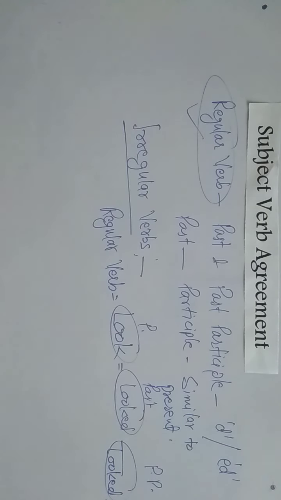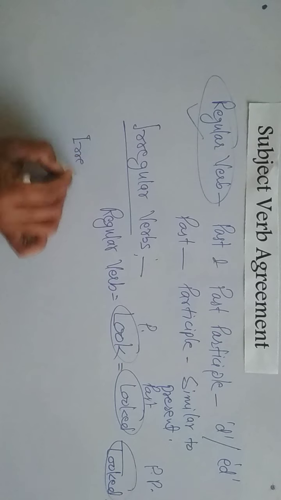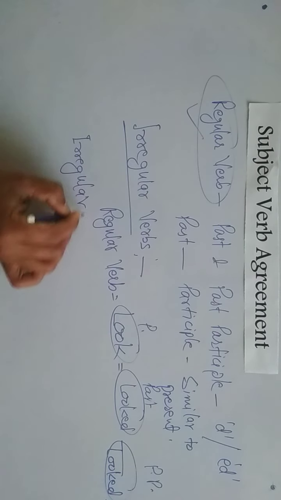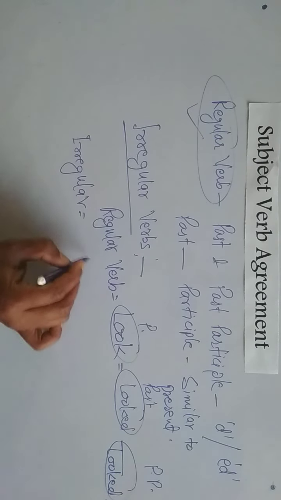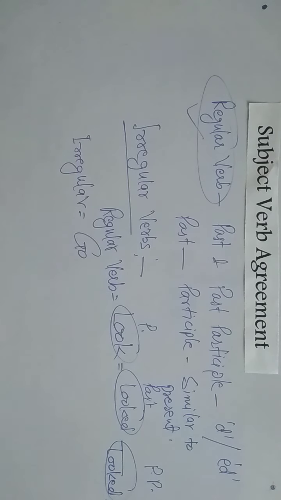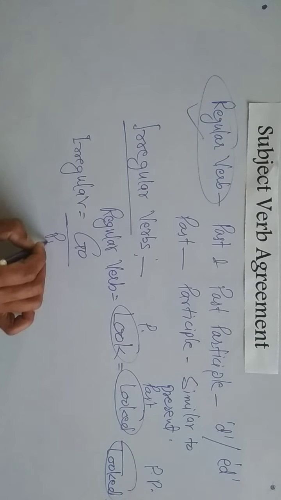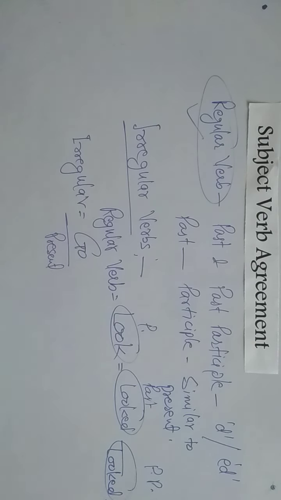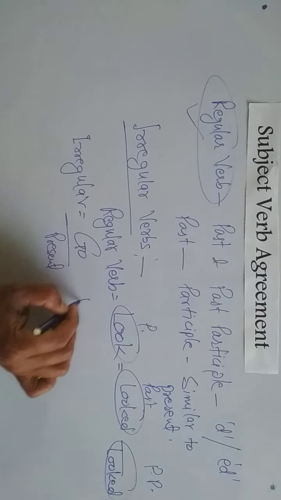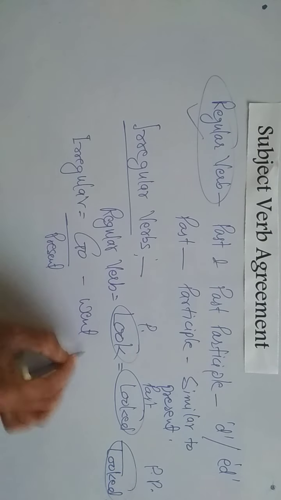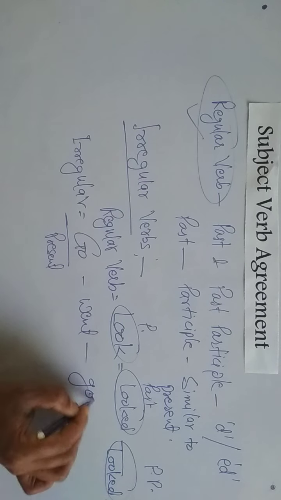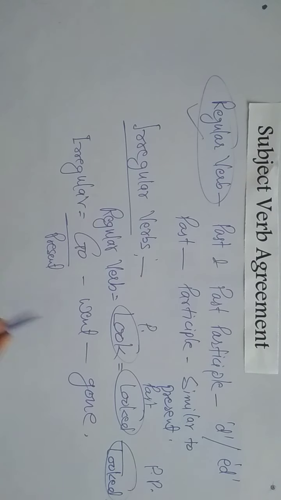Now let's talk about an irregular verb. For example, we will take the verb go. This is the present form, and let's change it into past: went, and the third one is gone. Now you can see these irregular verbs, their second and third forms are totally different from the first one. So this is called irregular verbs.